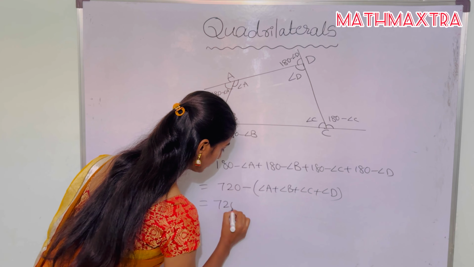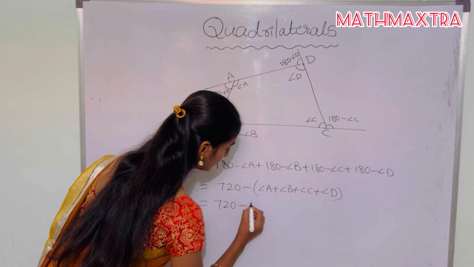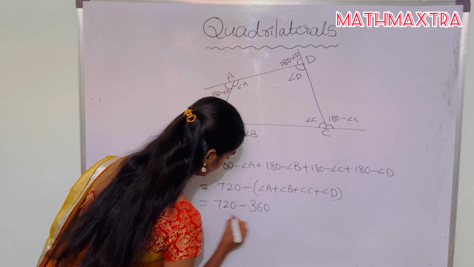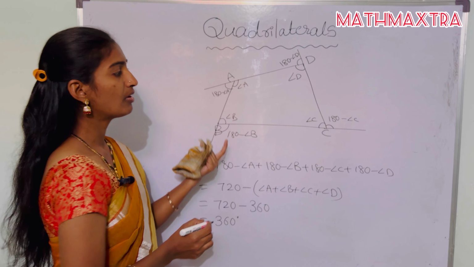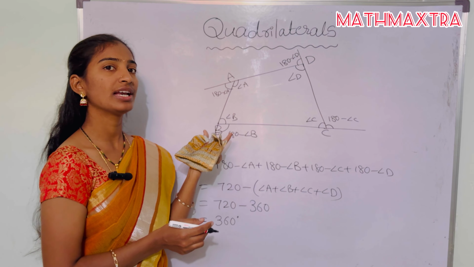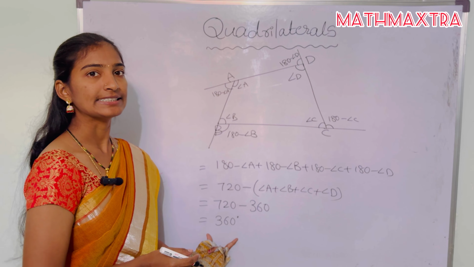So it is 720 minus 360, which is equal to 360 degrees. So the sum of all exterior angles of a quadrilateral is nothing but 360 degrees.